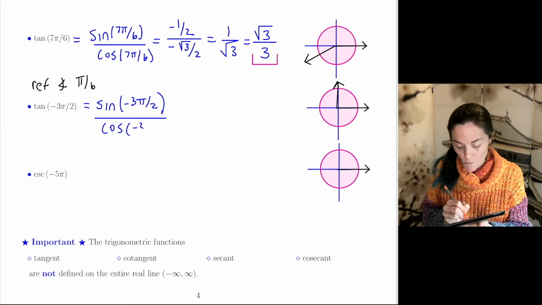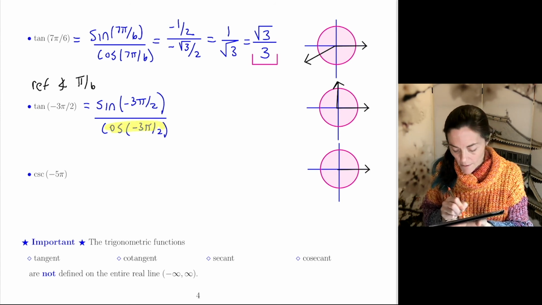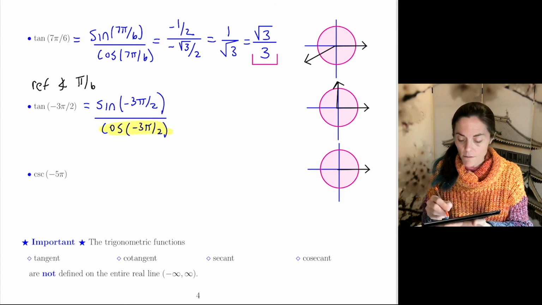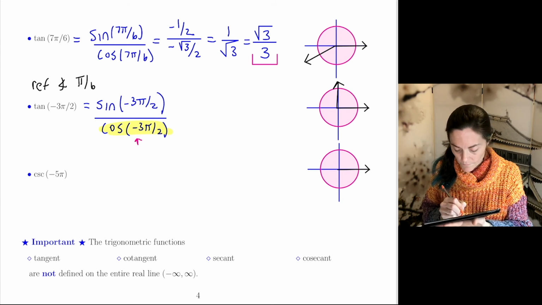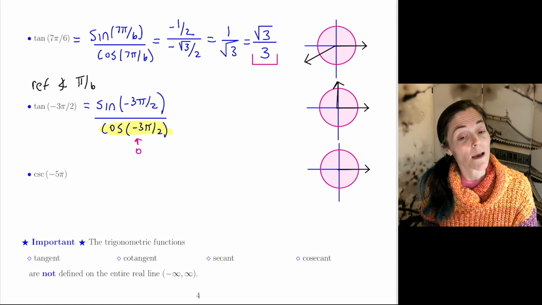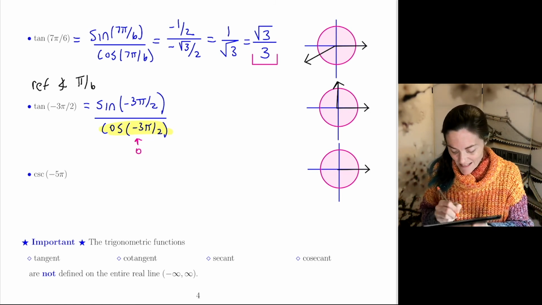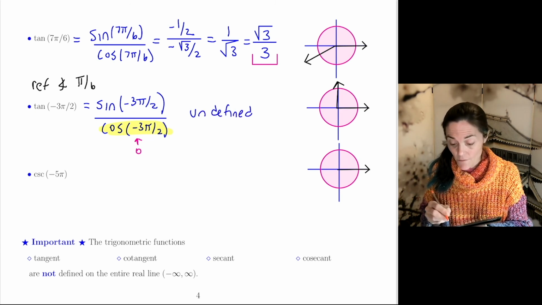Here's where we realize we have some problems, because this part in the denominator right here is 0. We cannot divide by 0, so we would get 1 over 0, which is undefined. So that's the answer here. The tangent of negative 3 pi over 2 is undefined.